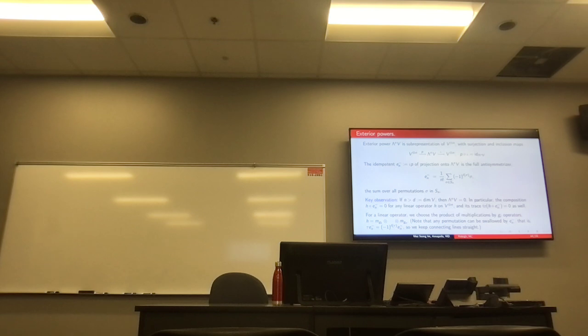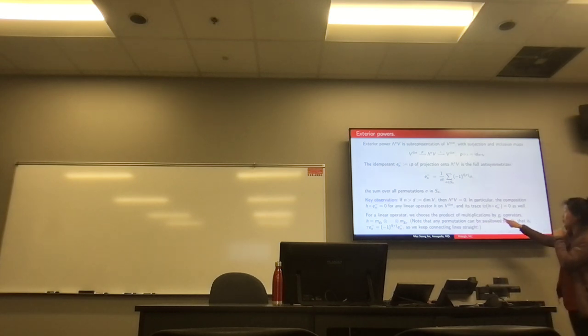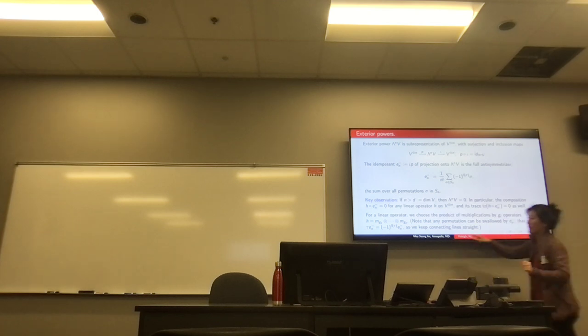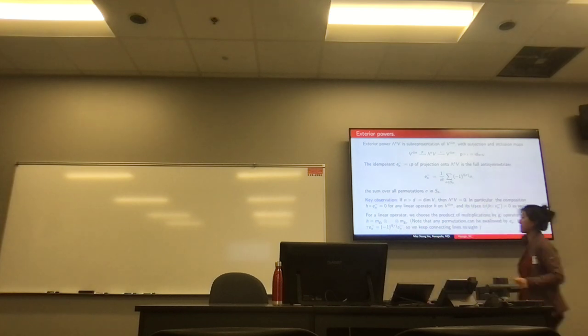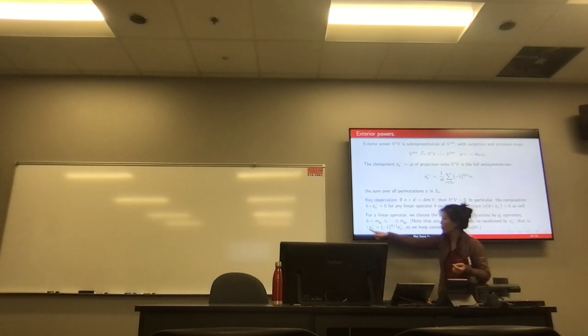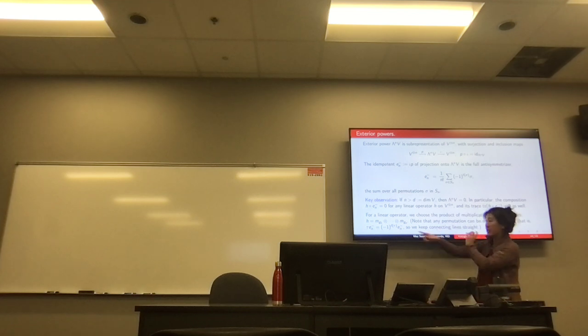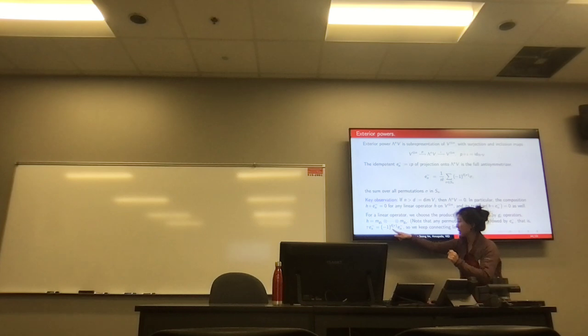For a linear operator, we're going to choose the product of multiplications by g_i, so H is going to be of this form: left multiplication by g_1, tensor left multiplication by g_2, up to m_{g_n}. Whenever you have any permutation, it's going to be swallowed by this full anti-symmetrizer. What do I mean by that? You apply tau on E_n minus. E_n minus is a sum over every element in S_n, so you're just permuting the strings.